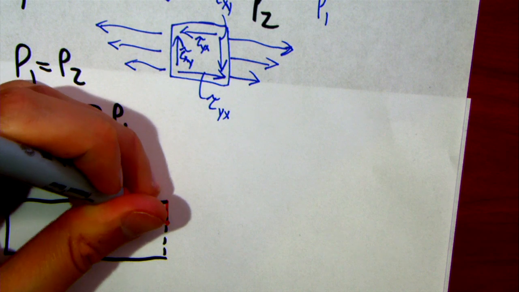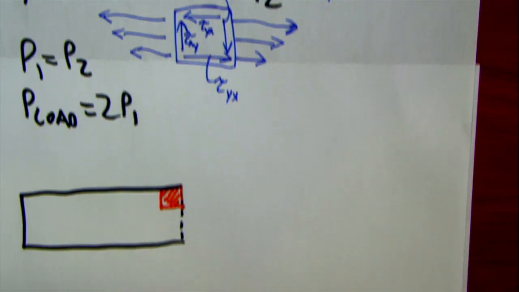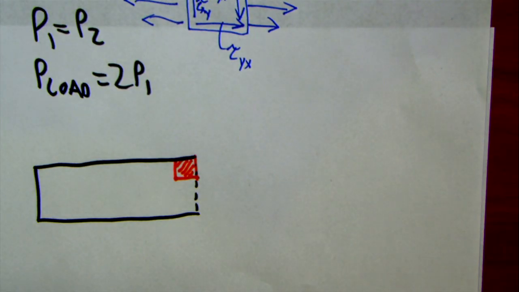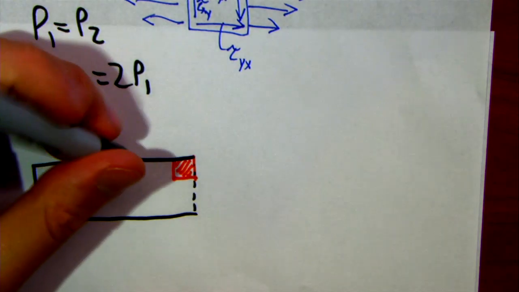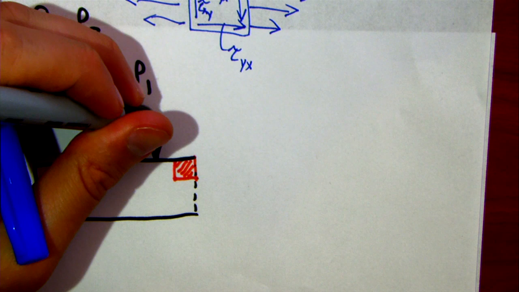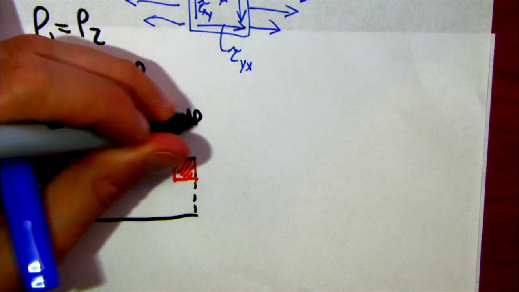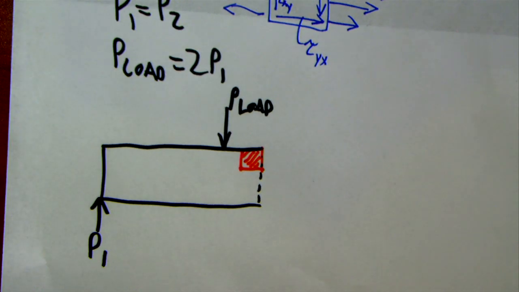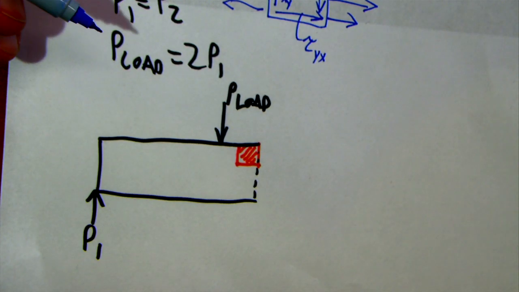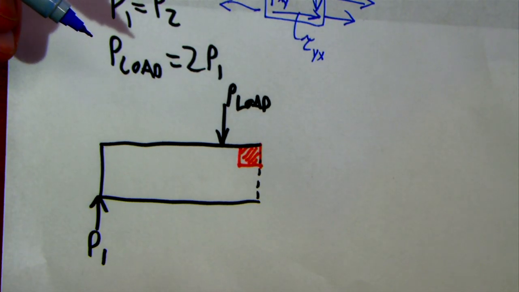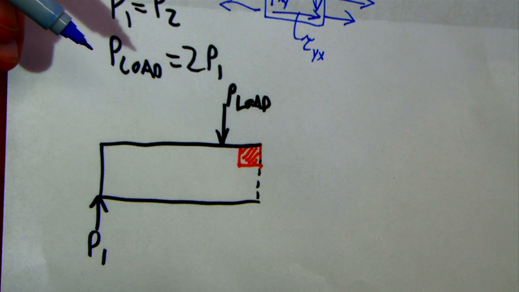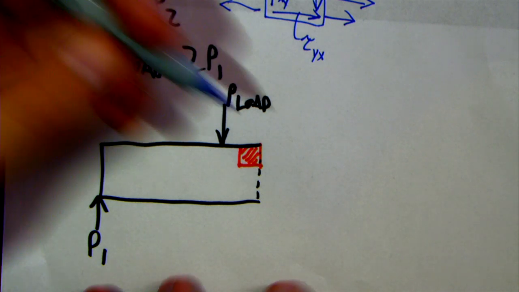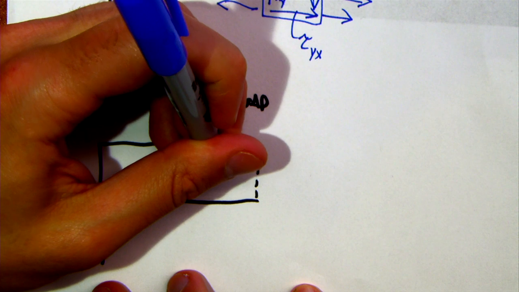I'm going to draw it right up near the top. And now let's throw some dots in and say, hey, look, we got a load here. Here's a P1, whatever. It's kind of arbitrary locations. The fact that I'm drawing in P load and whatever is kind of arbitrary.